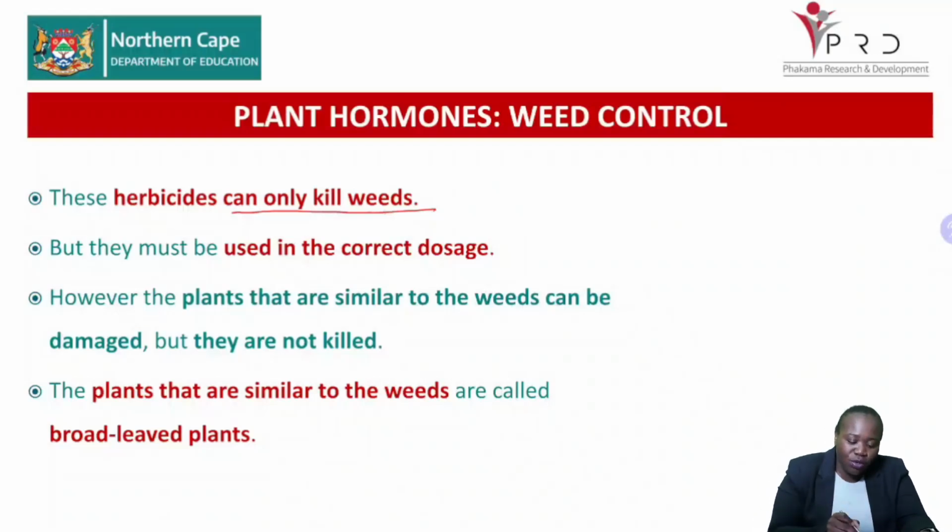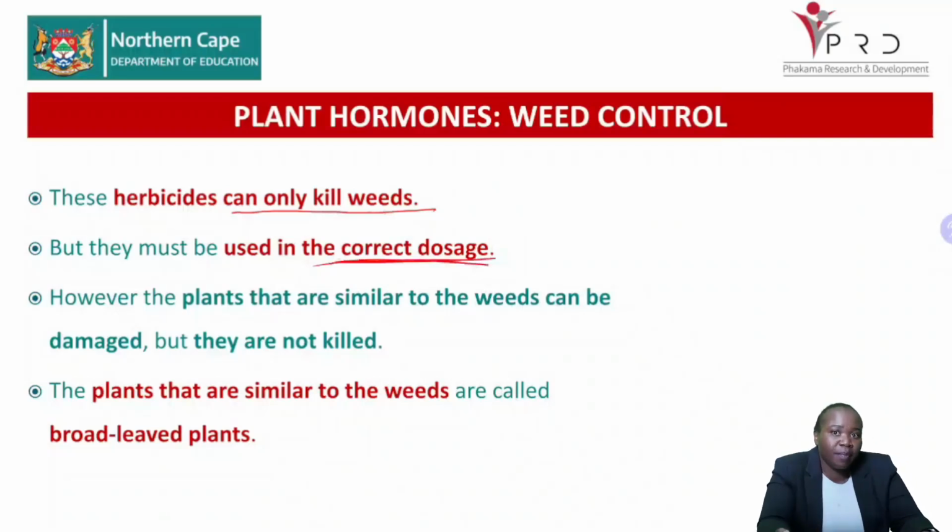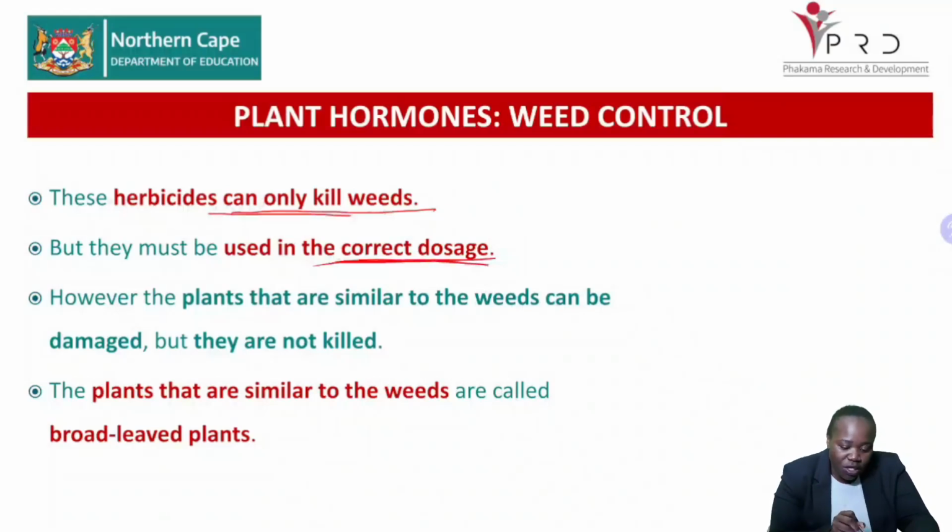Now, it needs to be used in the correct dosage, meaning that you follow the instructions on the package. Because if you use it in incorrect dosages, it can even end up harming the crops that you have planted, right? So because it is auxin based and it is selective, it means that there are a certain type of plants that it kills, which is the weeds, right?